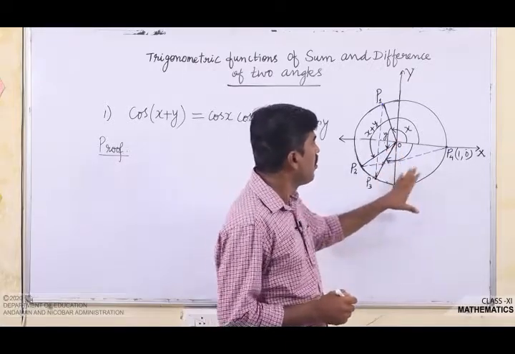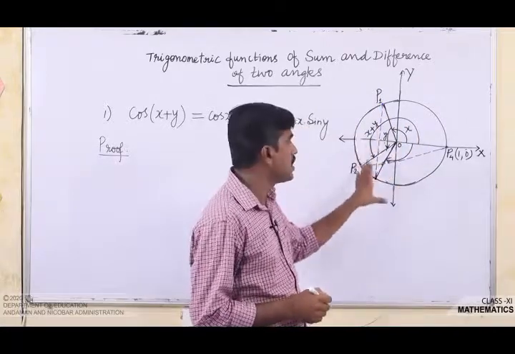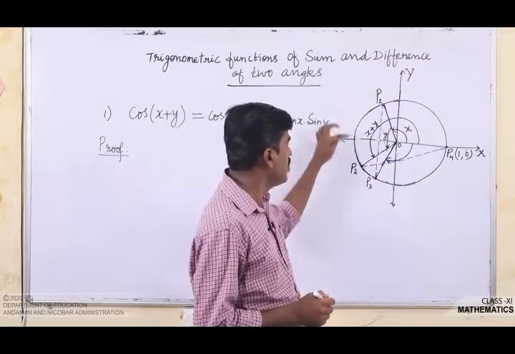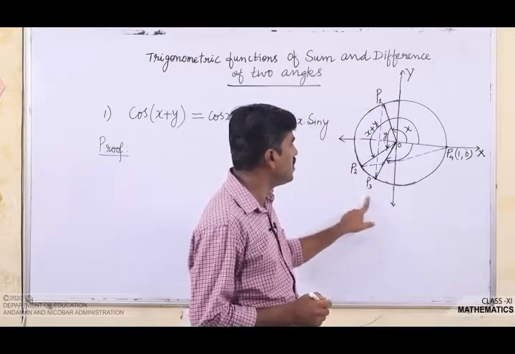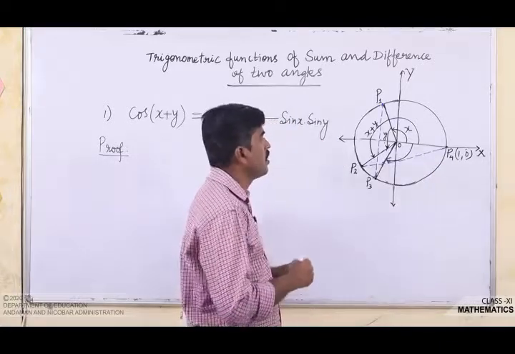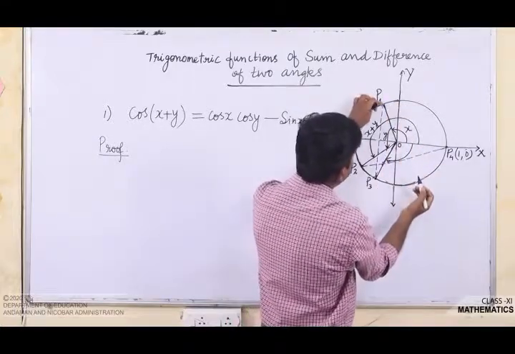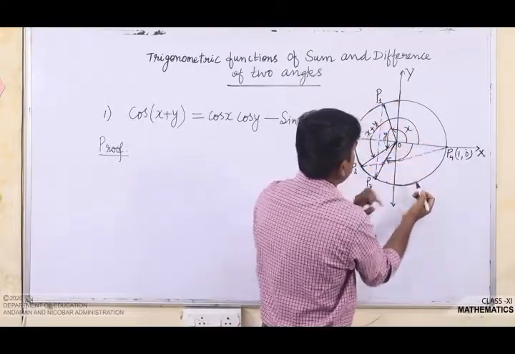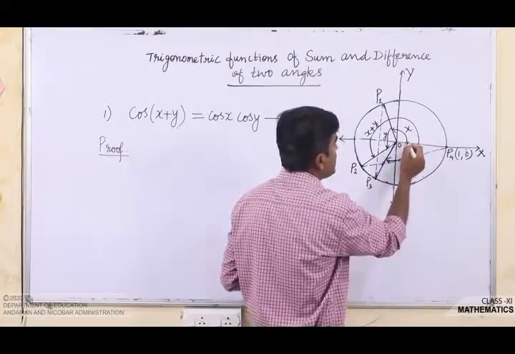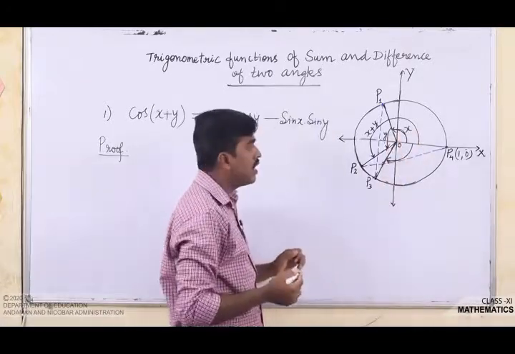Now take 4 points on the circumference of the circle: point P1, point P2, point P3 and point P4. Here this angle P1OP4 is taken as x. It is measured anti-clockwise.